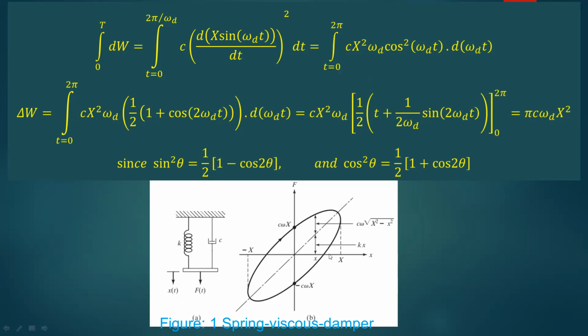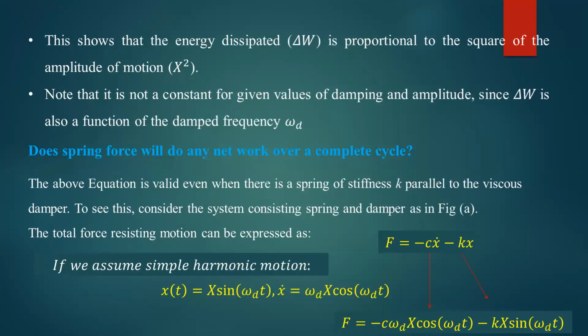We can represent this height as kX, and C omega radical of X squared minus x squared, where X is the maximum amplitude and x is any arbitrary position, meaning the oscillation amplitude. This is a representation of how we can dissipate energy using a viscous damper.